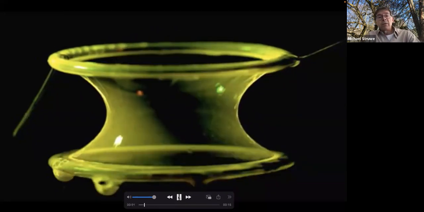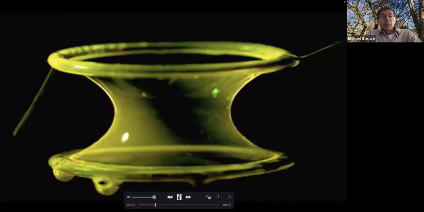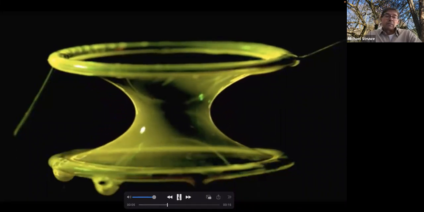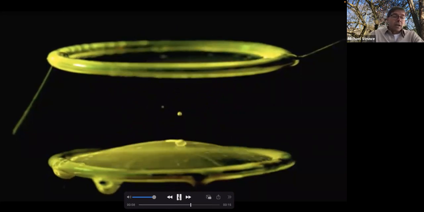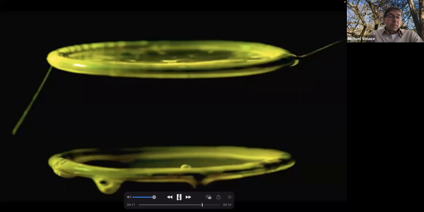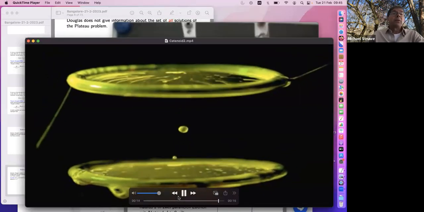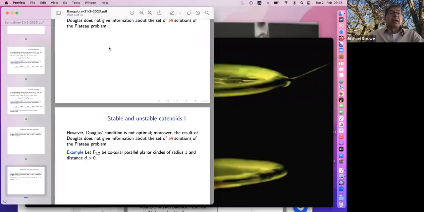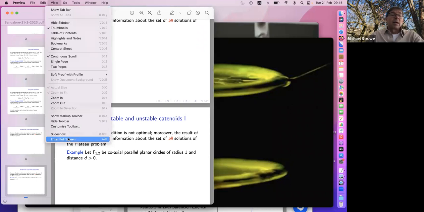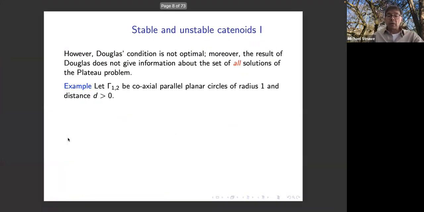And this is really quite interesting, I must say. Okay, so this hopefully gives you an idea what we're looking at. And now we can return to the presentation.